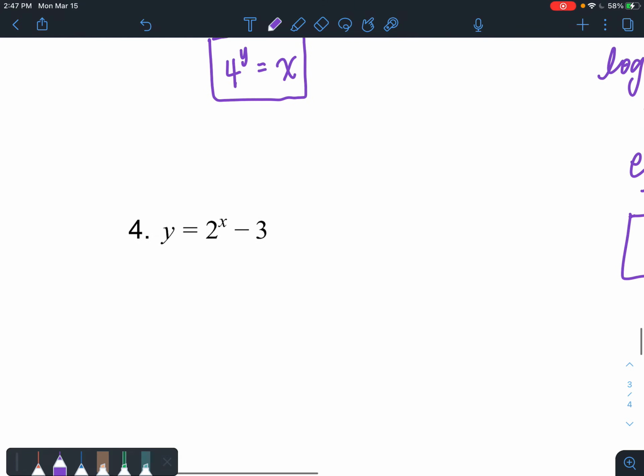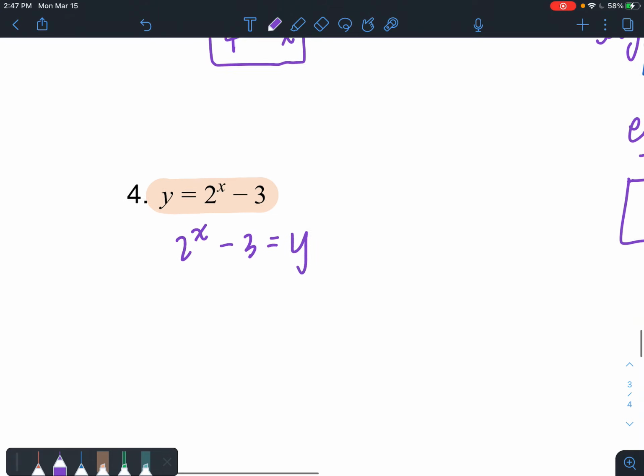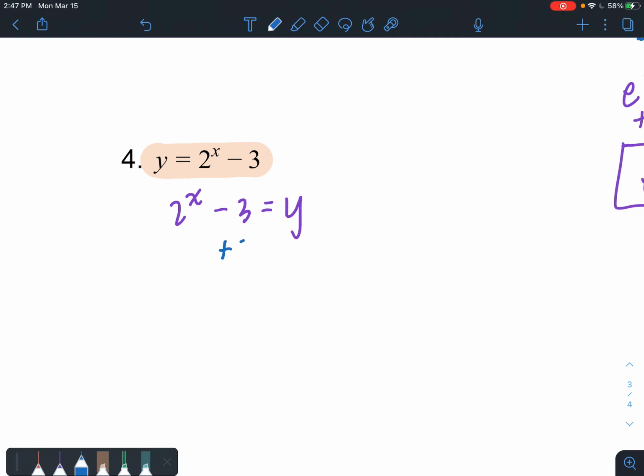All right, and this last one's pretty tricky, but I want you to try it on your own. What you need to do first is write this as 2 to the x minus 3 equals y. First we need to add 3 to both sides, so we have 2 to the x equals y plus 3.